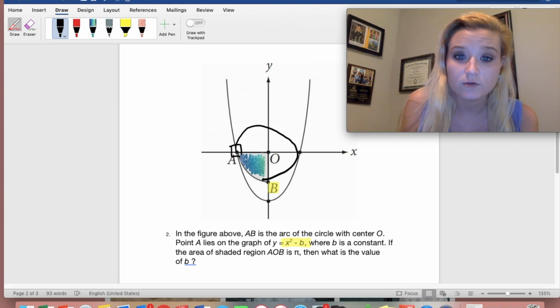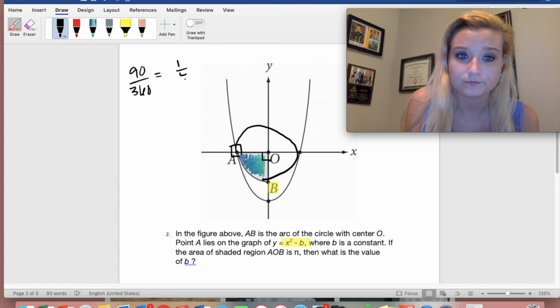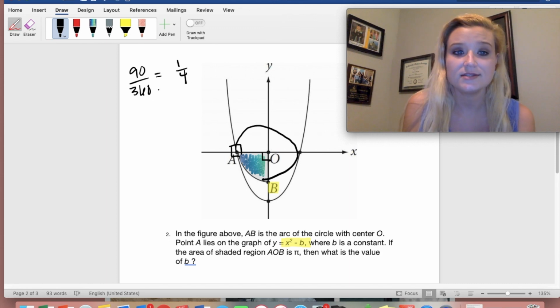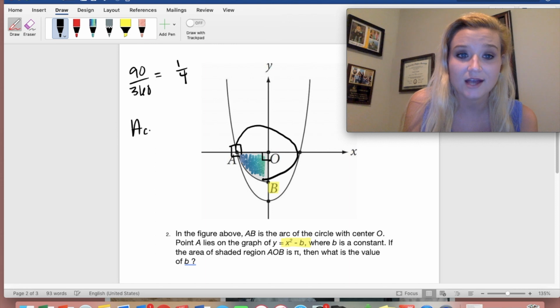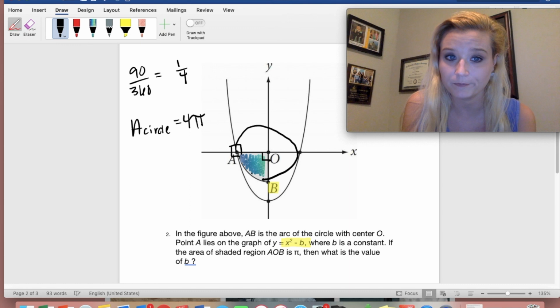We know that it's 1/4 because it's at a 90 degree angle right here, and 90 out of 360 is 1/4. What that tells us is that the area of the entire circle has to be 4 pi, because we take that original pi and multiply it by 4 to get the whole thing.